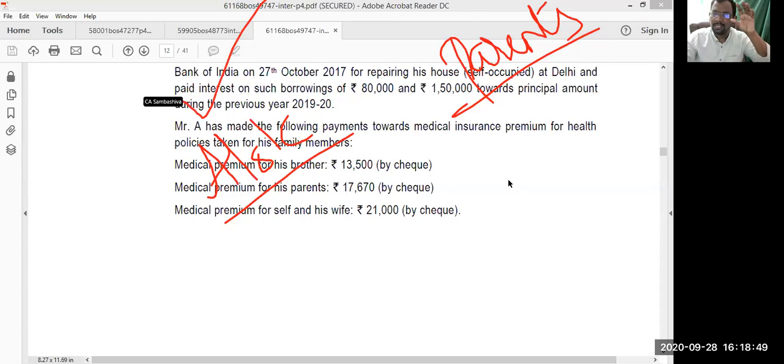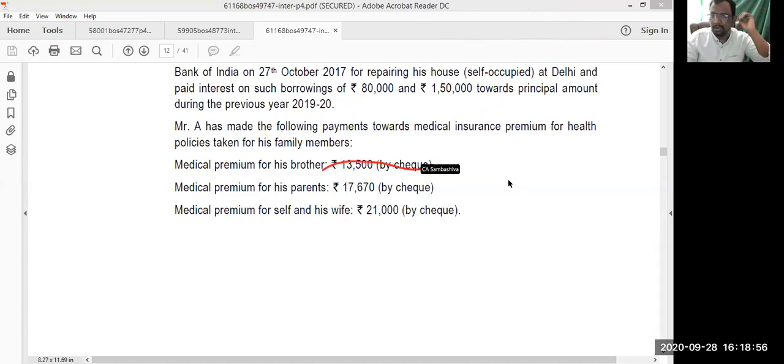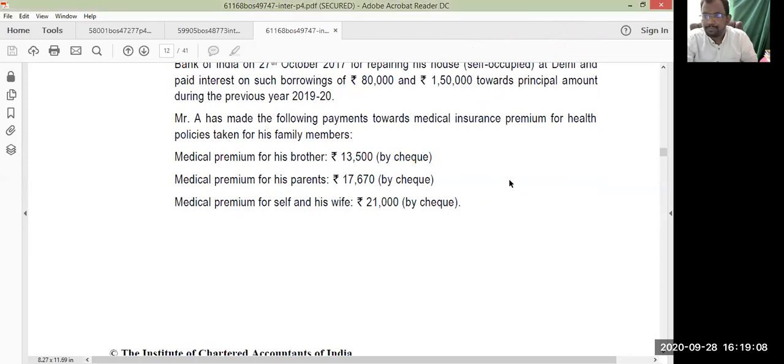First category assessee, spouse, children. Second category parents. Clear everyone. Hence this 13,500 is not eligible for deduction. Medical insurance premium for the parents 17,670, yes, we can claim. Medical insurance premium for self and spouse 21,000 we can claim under section 80D. Next.